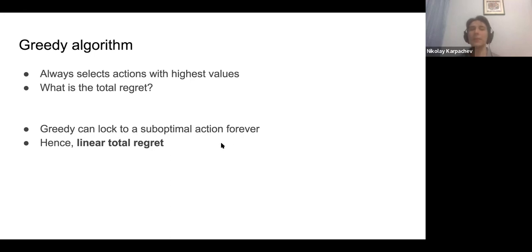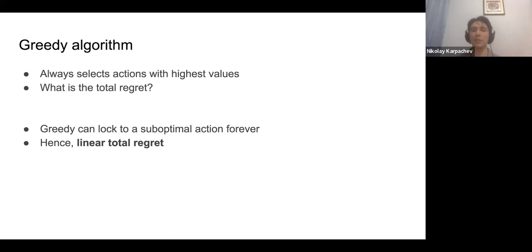This is the main problem with the greedy algorithm. It does not explore at all, and because of this, the regret will be linear in the number of steps. The regret will be 999 for the first step, for the second, for the third, and so on. We'll never get to the optimal action, and that is why the regret will be linear.